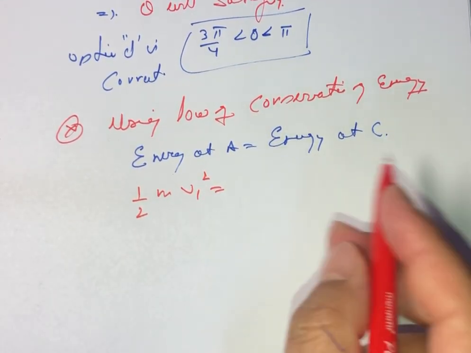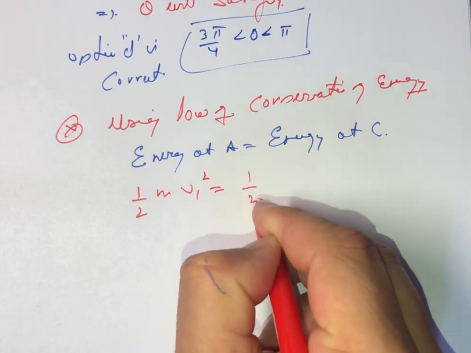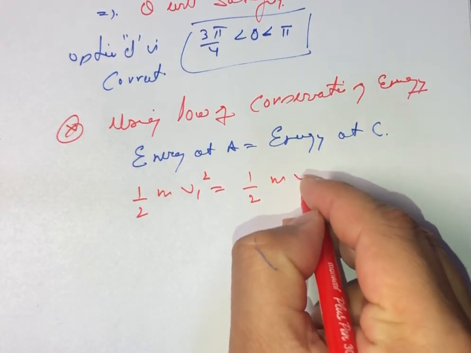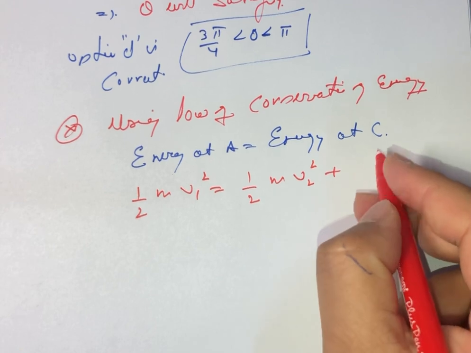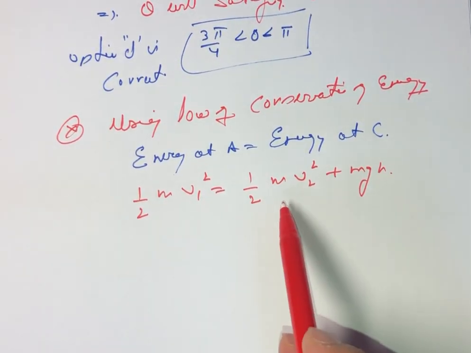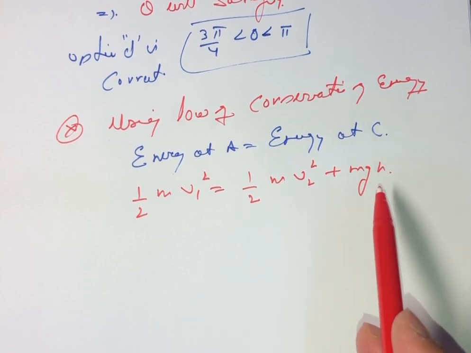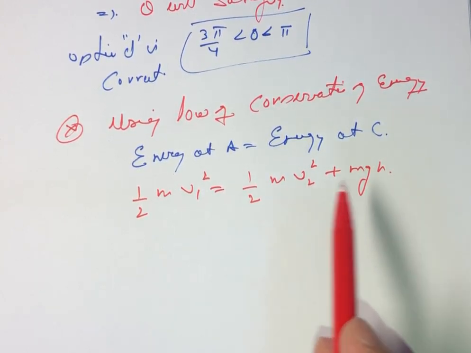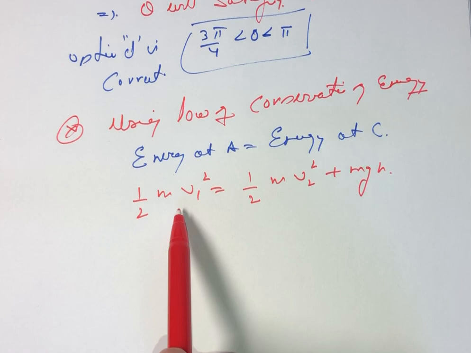Energy at C will be equal to half m v2 square plus mgh, because at C it has both kinetic and potential energy, whereas at A it has only kinetic energy.